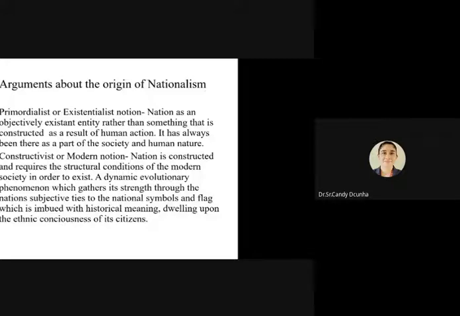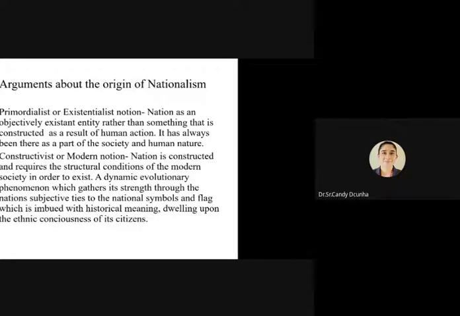The second, constructivist notion considers this to be an idea created by other factors which add to it and generate this kind of idea, and it has its national symbols and the reverence to it, a national flag, of course, which demands a certain amount of respect.